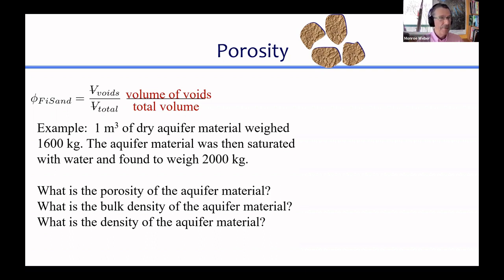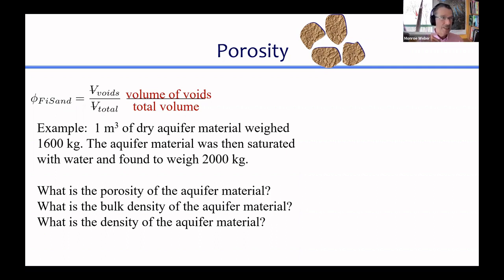And then you have it in a tank, and you put water in until it's completely saturated with water. And you weigh it again, and now it weighs 2,000 kilograms. So the first question is, what's the porosity of the aquifer material? What fraction of the aquifer material was actually voids where there was air.